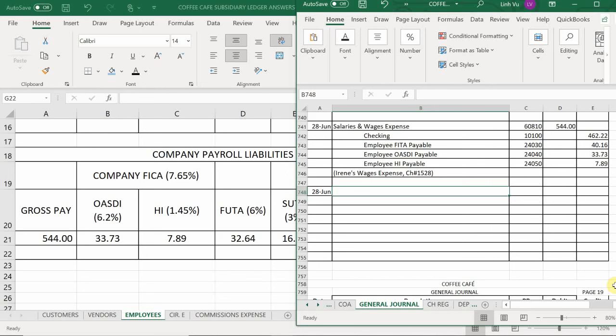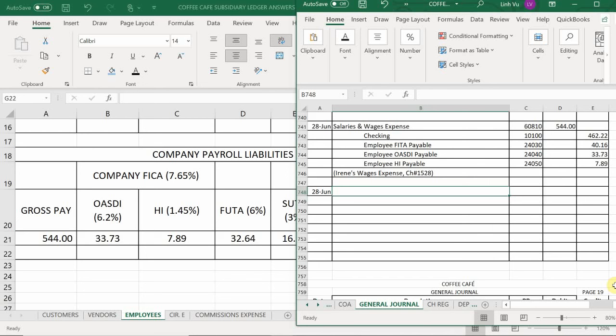Do they go towards a salary? No. Good. Then what does it go towards? It goes towards the company expense for having that person as an employee. Okay, what account name? What are the items that we're dealing with right now?